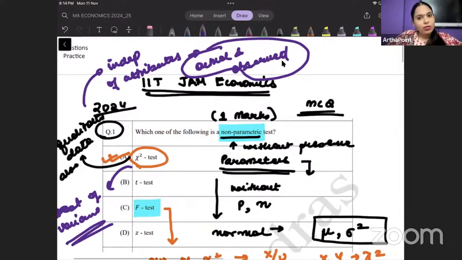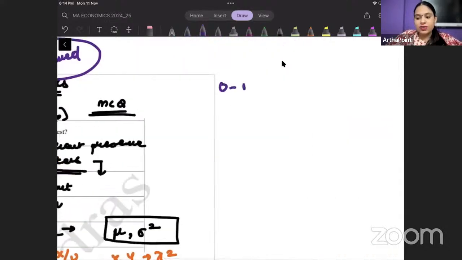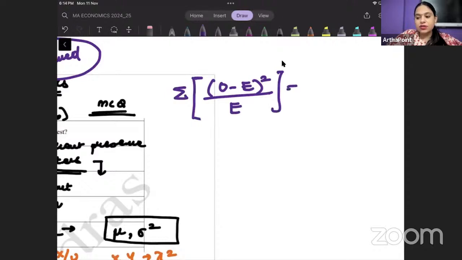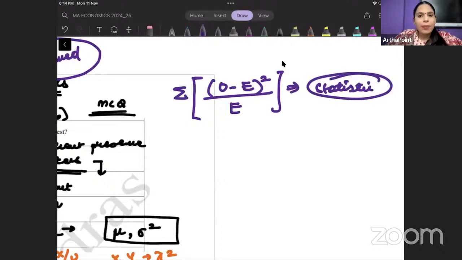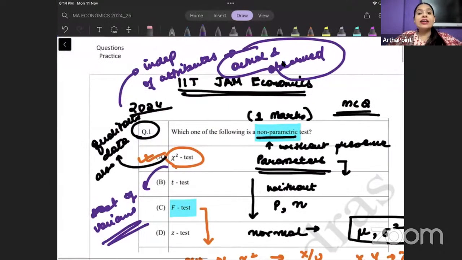It was a simple formula. We were just taking the difference between the two, squaring it, dividing by E, and summing it over, and that was our statistic. Isn't it? There was no parameter involved. So in that sense, it is correct to say that chi-square is the only test which has few of its applications where no parameter will be involved. ये बहुत important है समझना.